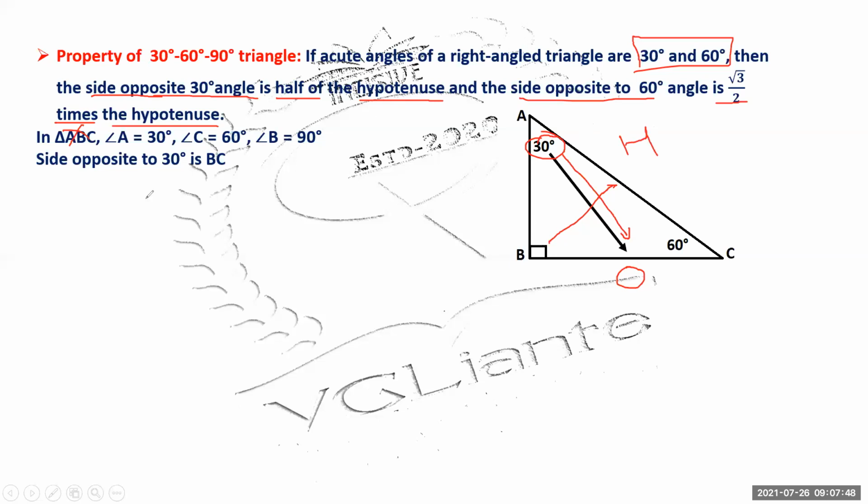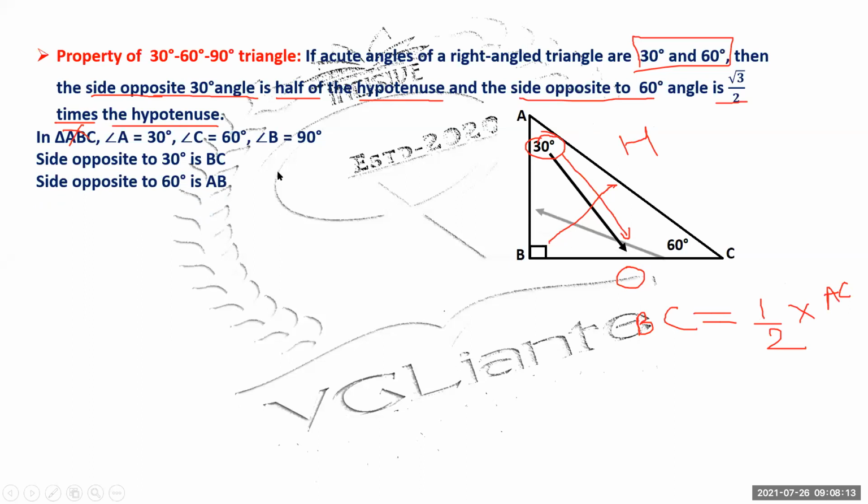So that means the value of BC is what? It is half the hypotenuse, that is AC. We'll move ahead. Side opposite to 60 degrees is what? AB. Check now.